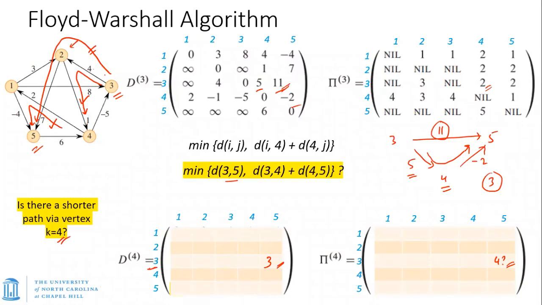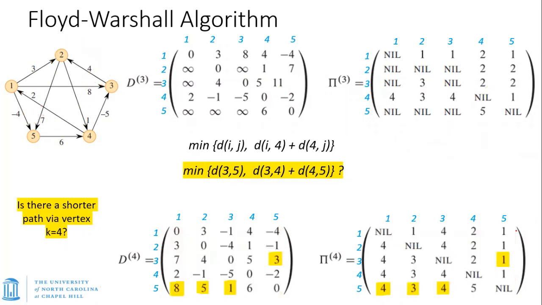Is 4 the previous vertex? It's 1, because as you go through this path, it's actually 1. So I think that it should be right. So you get the idea.